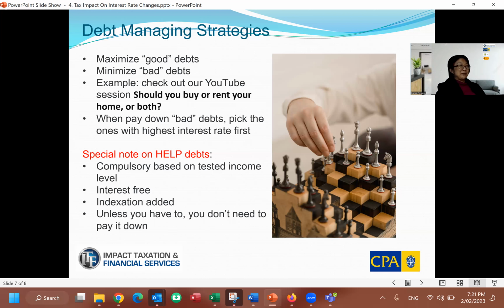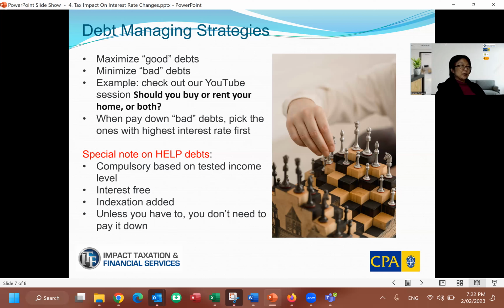It's happened quite a few times. Sometimes a client asks me, oh, I still have this much left in my HELP debt, should I just pay it off in one go? I normally would ask them, do you still have a home loan? What's the interest rate on your home loan? And then I help them do a comparison. If you don't have to pay back your HELP debt, don't do it.